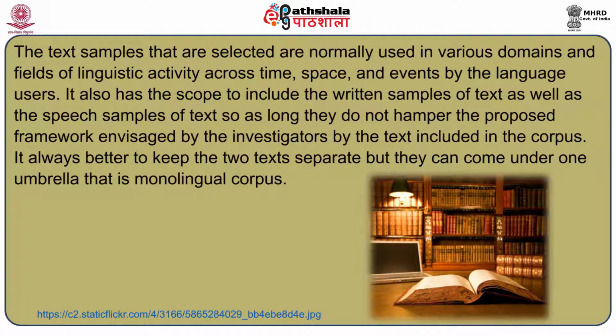The text samples that are selected for inclusion in the corpus are found to be used in various domains and fields of linguistic inquiry across time, space, and events by the language users. It has also the scope to include the written samples of text as well as the speech samples of texts, so long as their mutual collaboration and cohabitation or mutual interference do not hamper the proposed framework envisaged by the investigators with the texts included in the corpus.